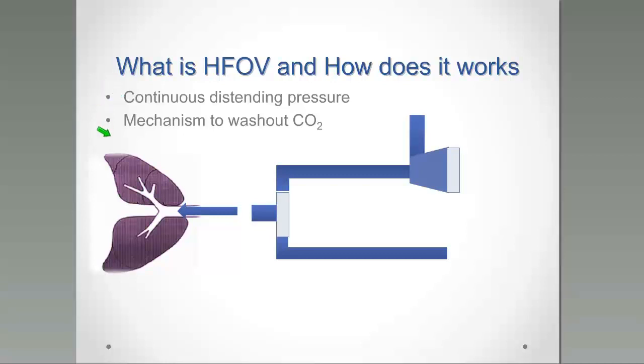So let us take a look at this very easy scheme of a ventilator with high frequency oscillatory ventilation. We have some kind of tubing. From this tubing we have a continuous flow that is going to generate mean airway pressure. This pressure is going to be transmitted into the lungs, and then the lungs are going to be inflated when we overcome the opening pressure of the alveoli.